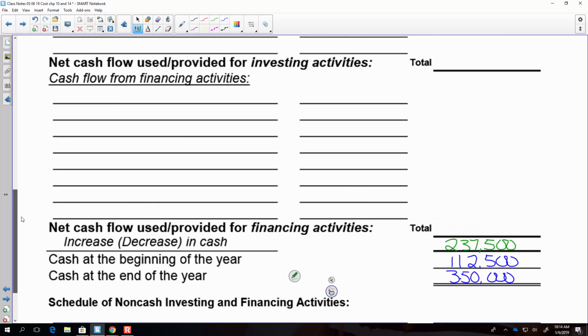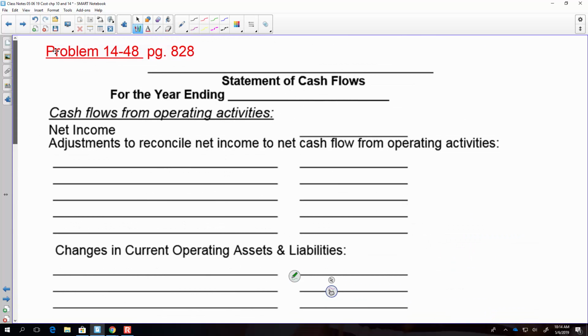Sam, what does the problem say our net income is? 450. So that's our top number. What will always be in a cash flow statement? What's the one adjustment in this adjustments to reconcile net income to cash flow? Depreciation?